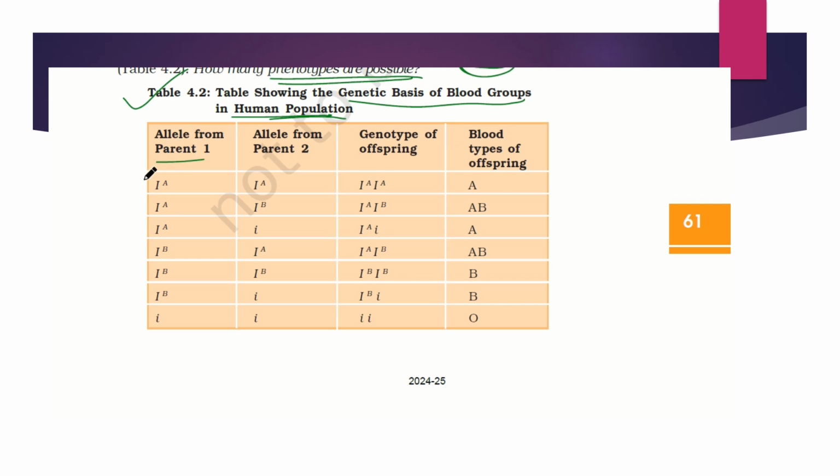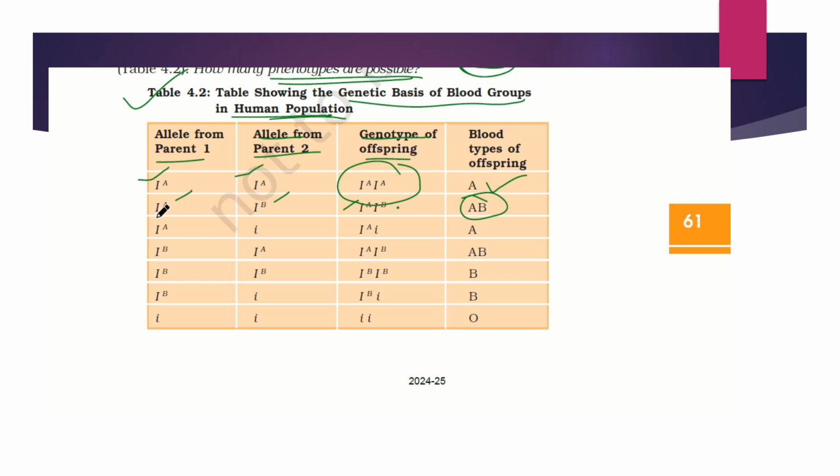Allele from parent 1 is IA, allele from parent 2 is IA, both are IA here. So the genotype of the offspring will be IAIA and the blood group will be A. Is it clear? Now parent 1 IA, parent 2 IB, the genotype of the offspring IAIB, blood group AB.